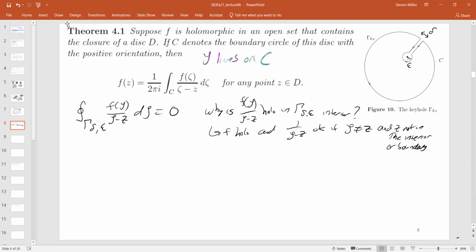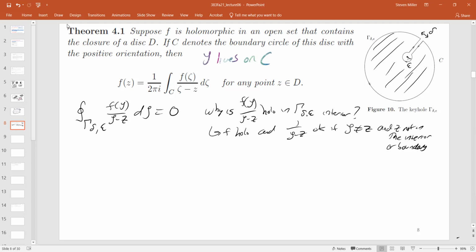The only way zeta minus z can be 0 is if zeta equals z. And since z is not in the interior of the boundary, zeta can never be z if we're inside this region. This is our region over here. So the function is going to be holomorphic.